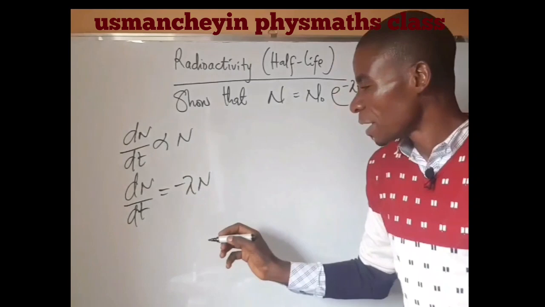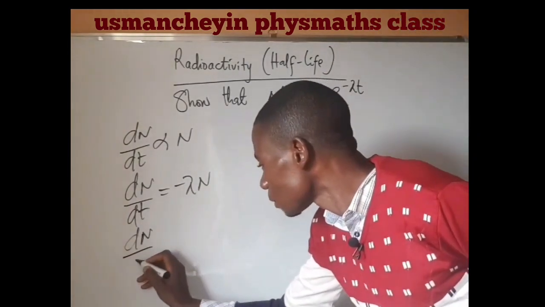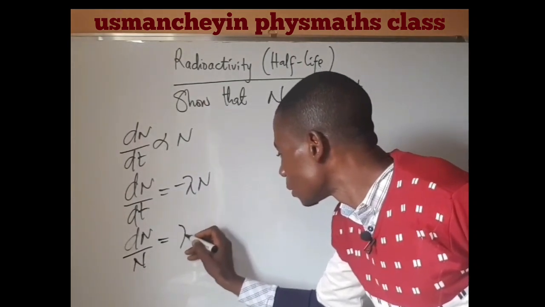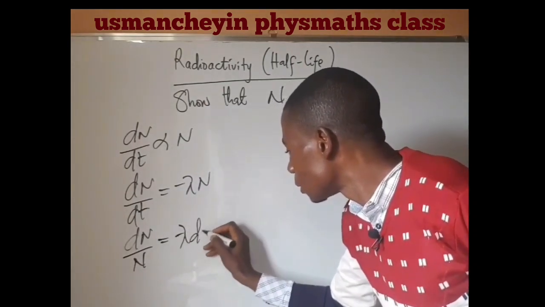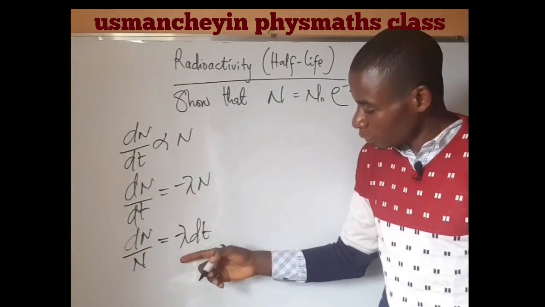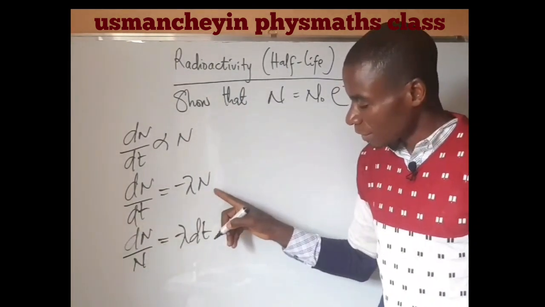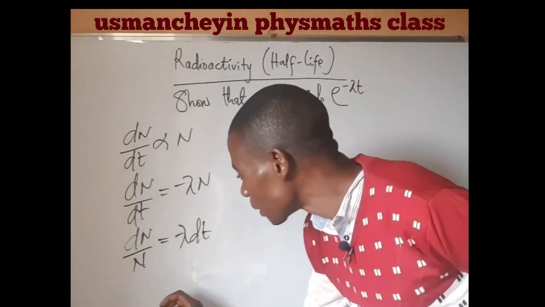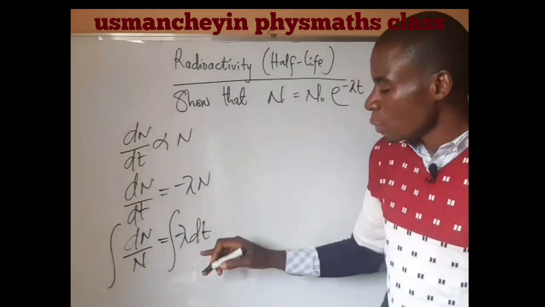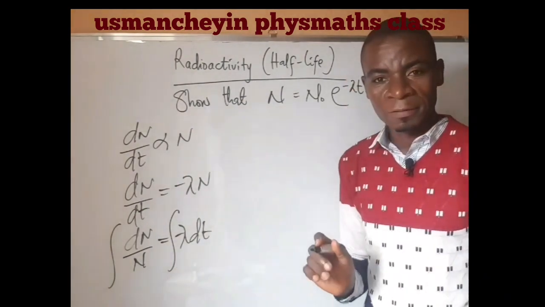So from here we can rearrange it. The N should just come down and the dt should come over here. From this point, we can integrate, but I want you to understand this integration has a limit.